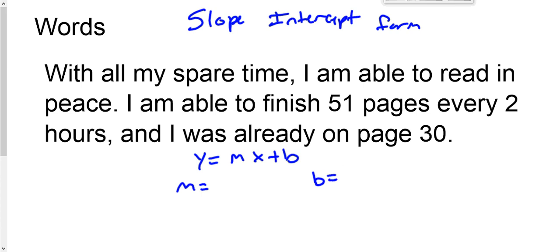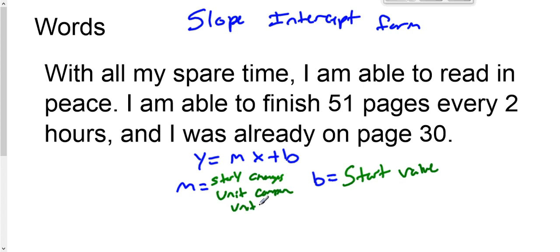From a word problem, b is going to represent our start value. M is going to represent how the story changes. So how does the story change? This also is how does one unit compared to another unit. Units comparing units.